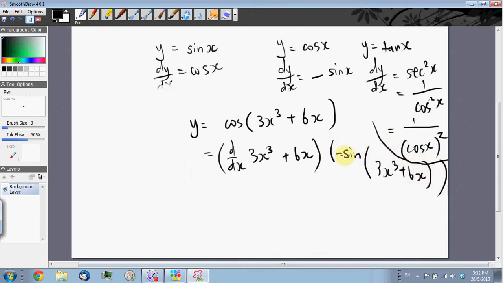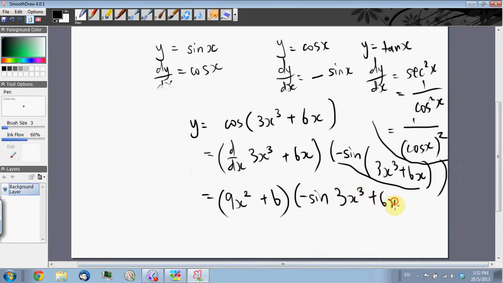It's a negative sine of this. If you differentiate inside, bring the power down, 9x squared plus 6, then minus sine of 3x cubed plus 6x, not differentiated, just copy it down. So this is your answer for your dy/dx.